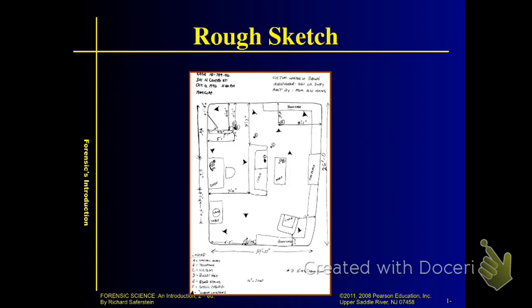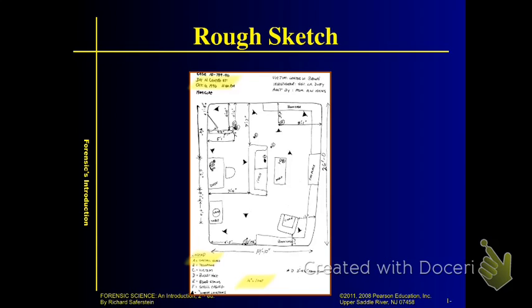Things that you see here that you need to keep in mind, that you need to include in a rough sketch. You have date, time, location right here. You have a key down here. Things are labeled A, B, C, D, and so forth in the sketch. You have a scale.